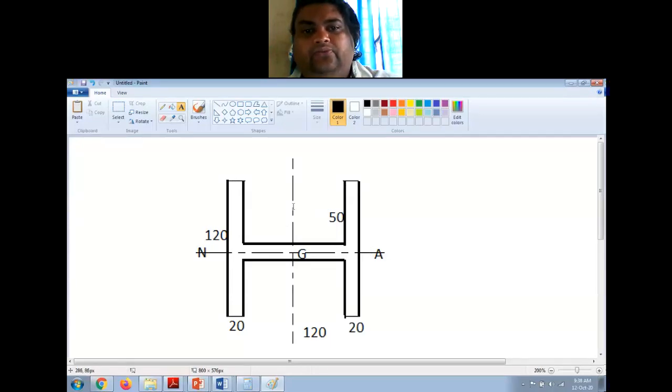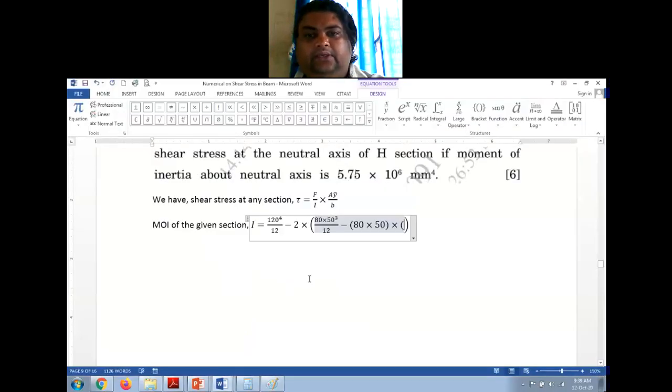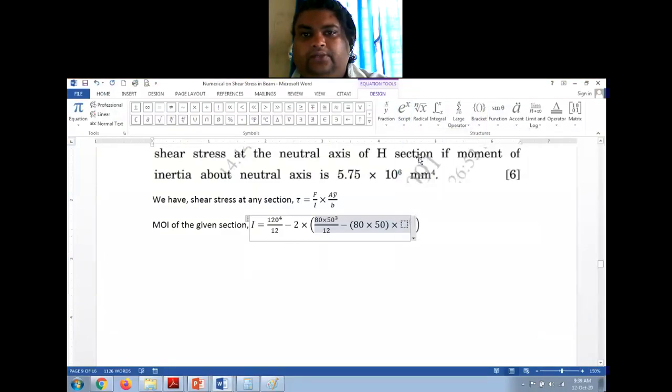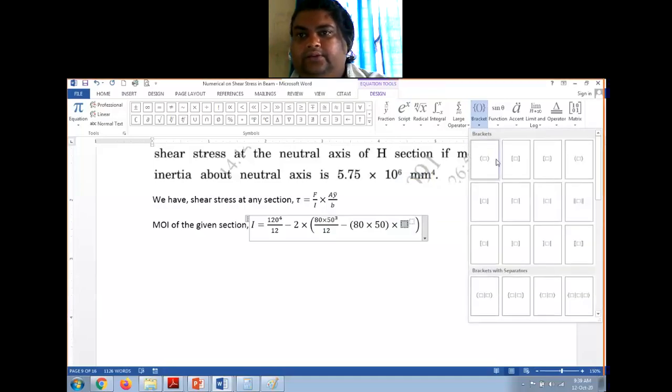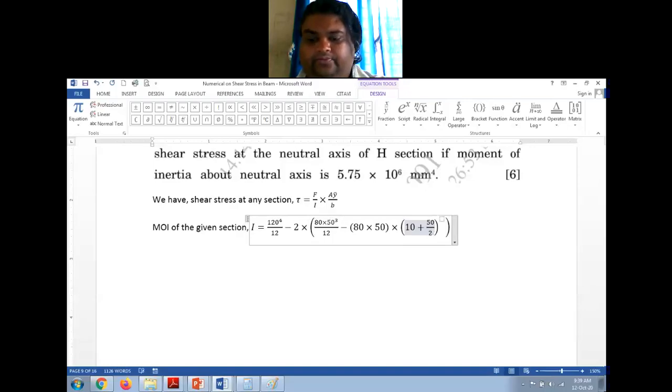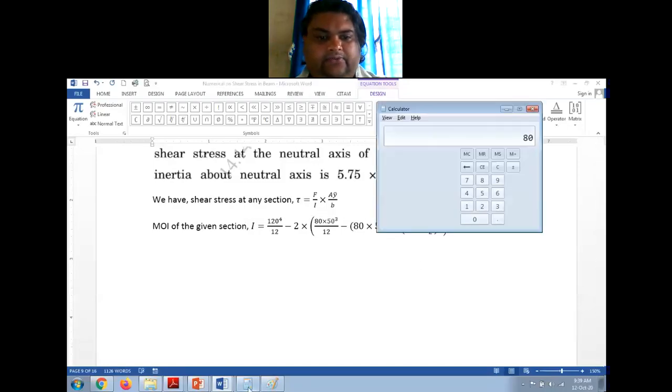Where is the location of the center of gravity? Now this is 10 millimeters and this is 50. So 10 plus 50 by 2. That is the distance from the neutral axis, or h value. So I need h square. So I'll put it like this: 10 plus 50 by 2, square. Alright. Now let us calculate this value.